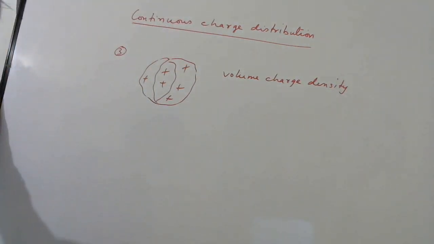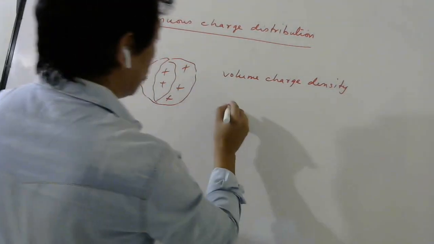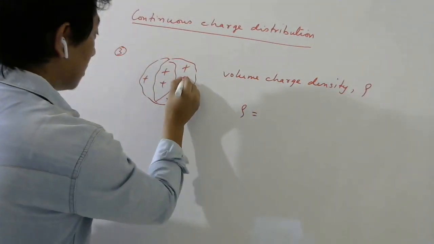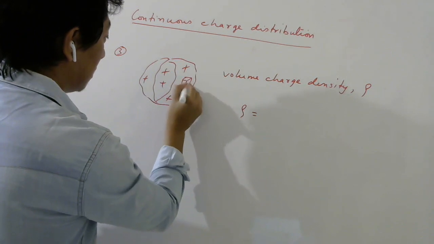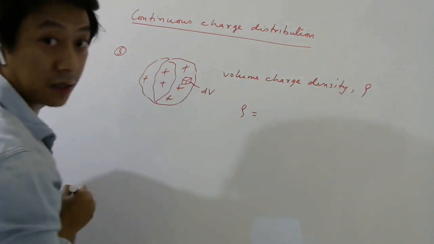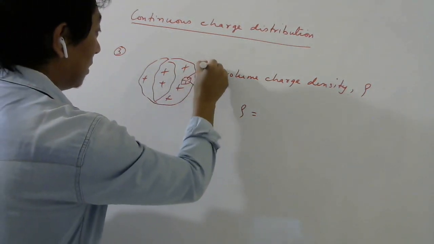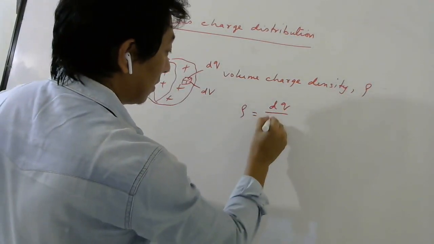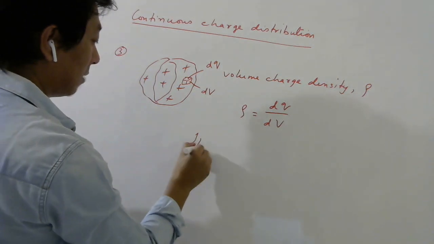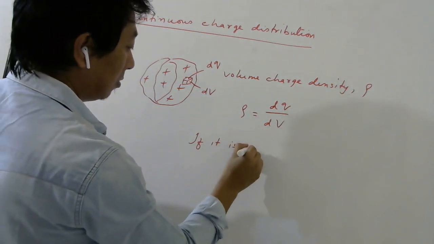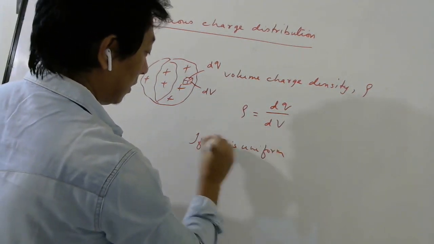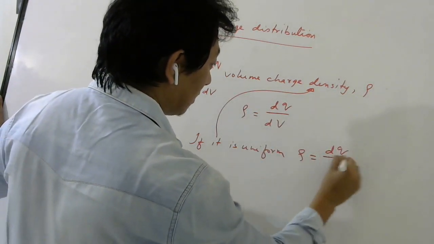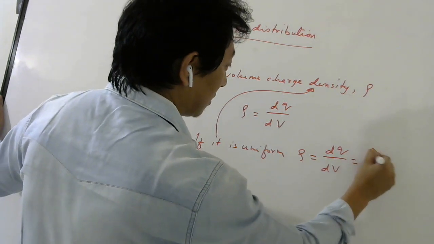Symbol we use is rho. You take some small volume here, dv, and calculate the charge in that dv, which is dq. Then this is dq by dv. If it is uniform, then you can also write the same density as total charge by total volume.